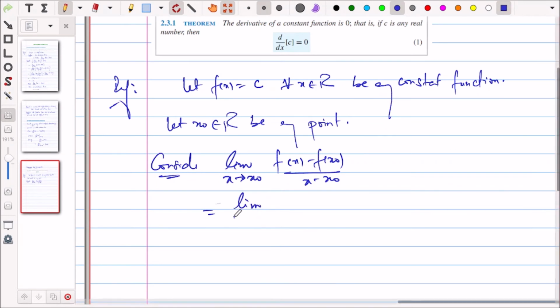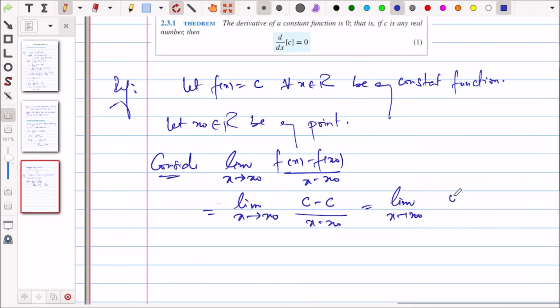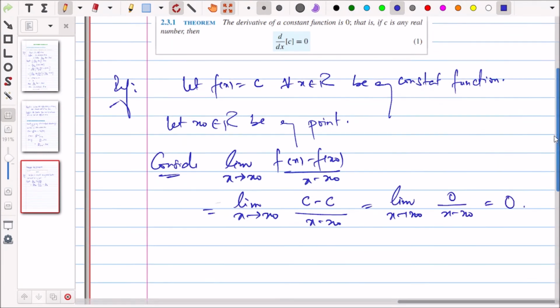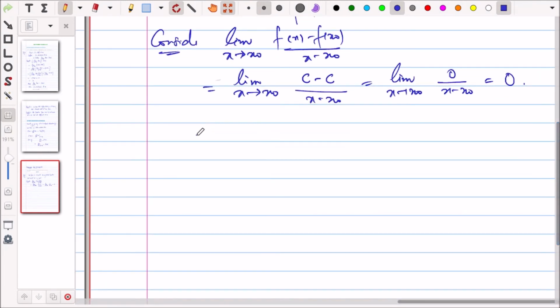This is c minus c, because the function is constant, so it takes value c at all points. So this is 0 by x minus x naught, which is equal to 0. ठीक है? So hence f dash x naught is equal to 0.